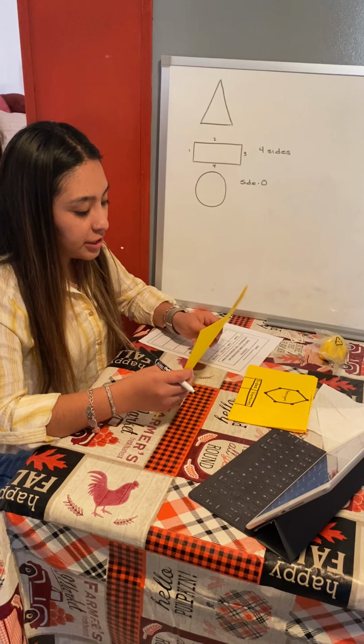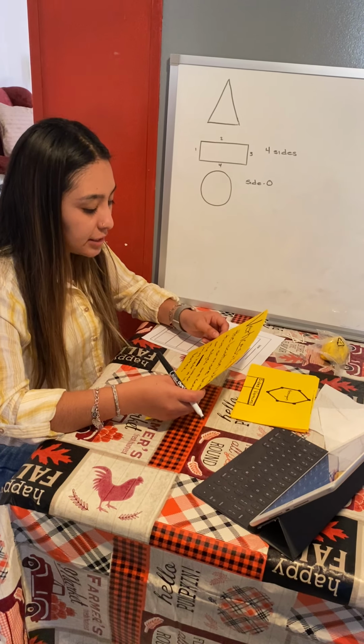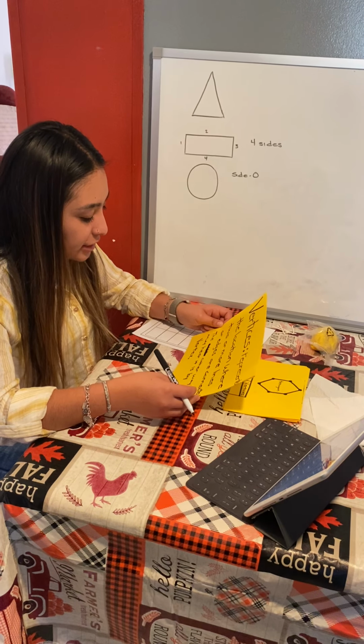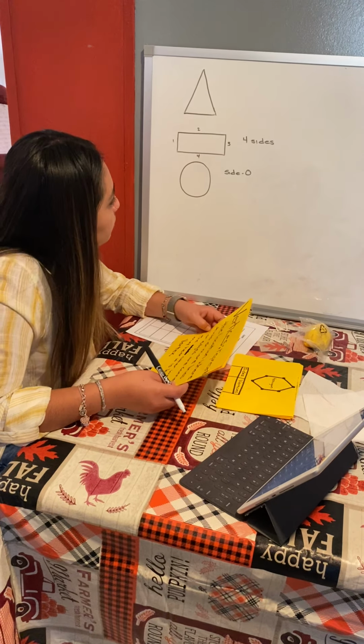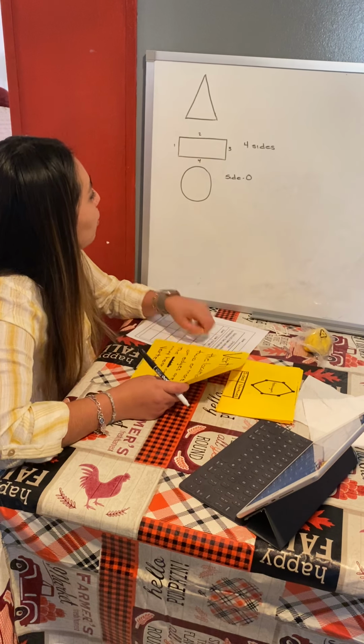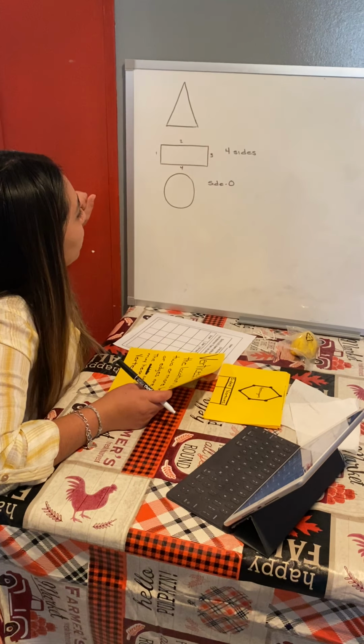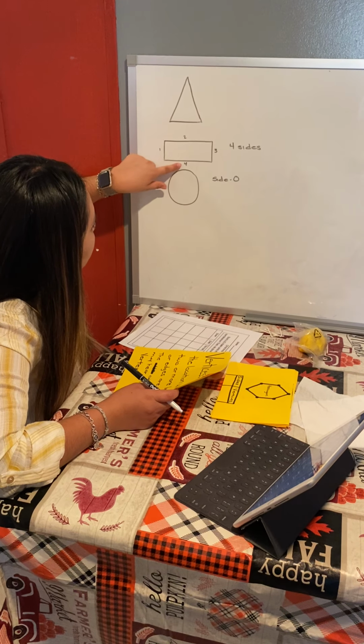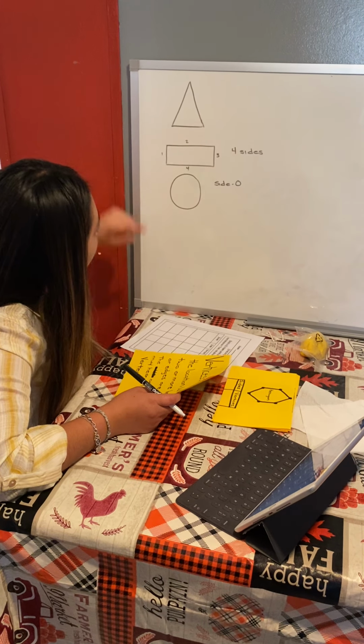And the vertices or vertex represents the location where two or more lines or edges are connected. So on the square right here, we can notice that these lines are connected all around.